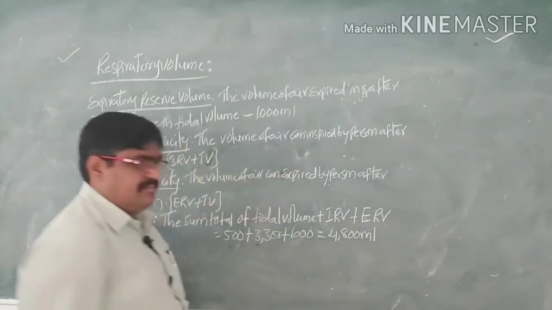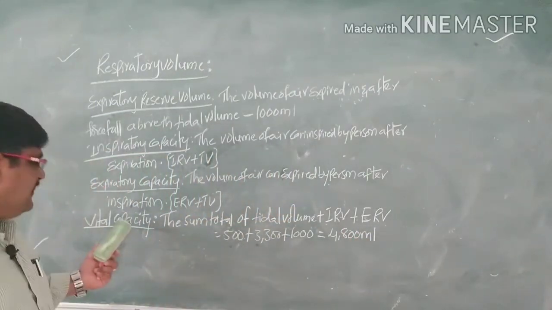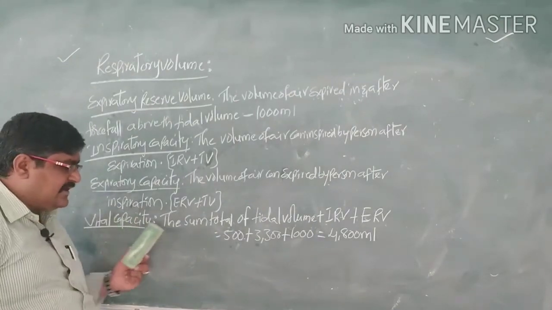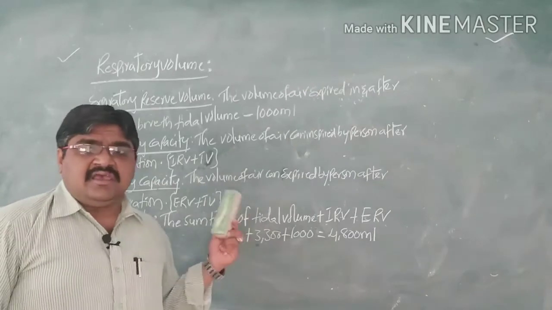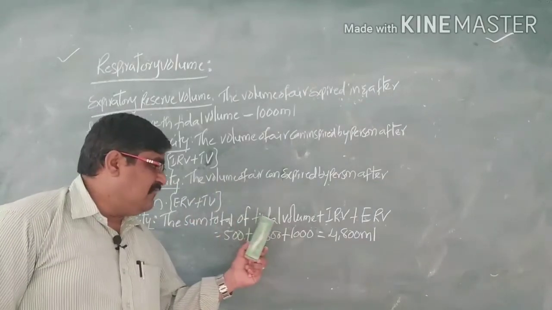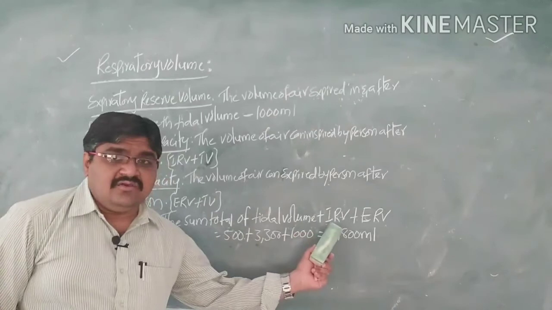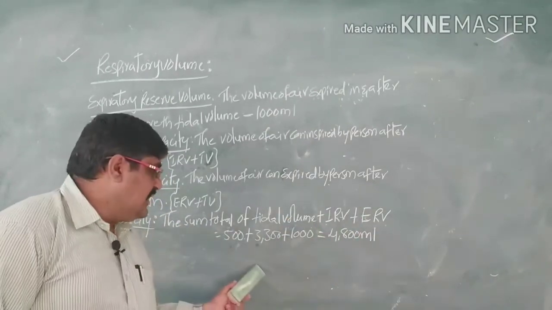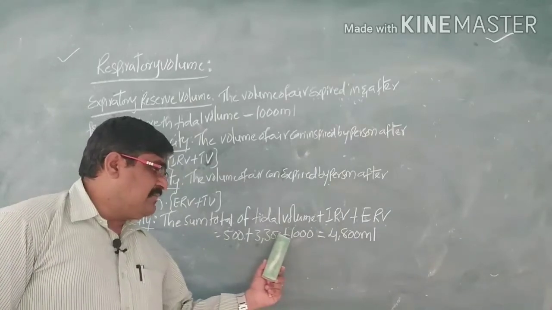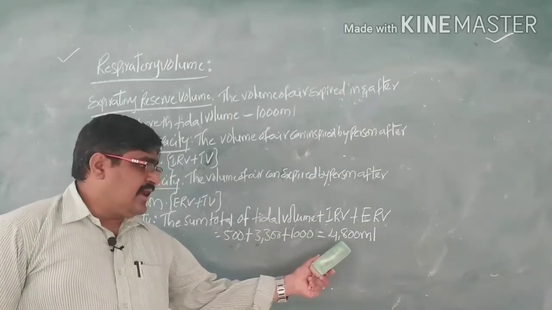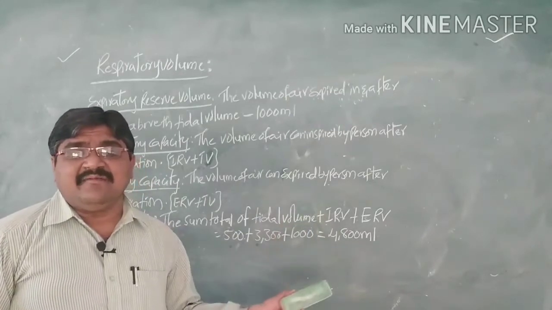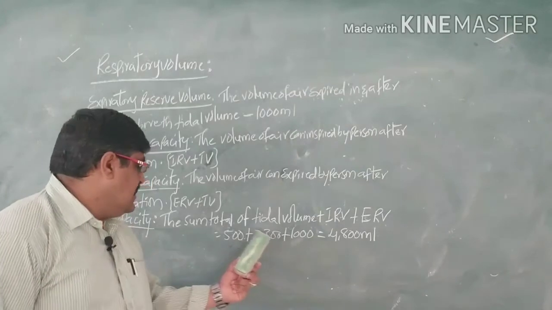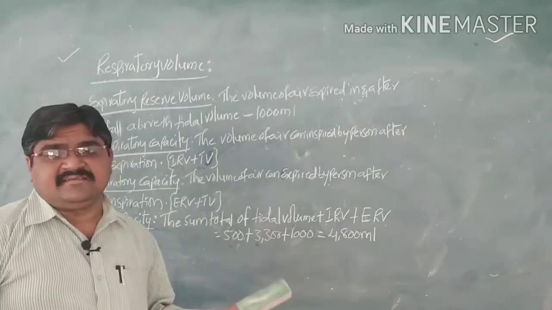Vital capacity is calculated as the sum total of the tidal volume plus inspiratory reserve volume plus expiratory reserve volume, which gives 4,800 ml. That is called the vital capacity.